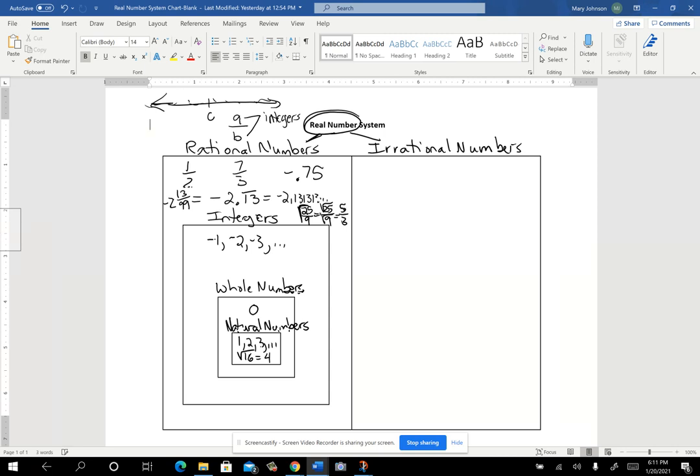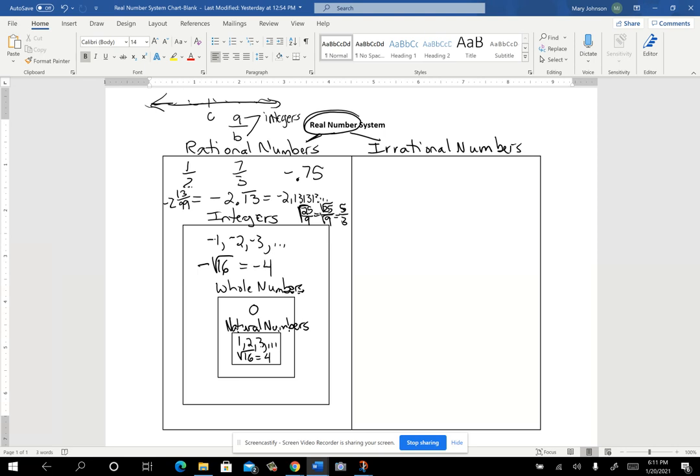All right, and then square root of 16, we talked about being really a natural number because it would simplify to be 4. If you had negative square root of 16, that would be in this area where you can have the negatives, because that equals -4.